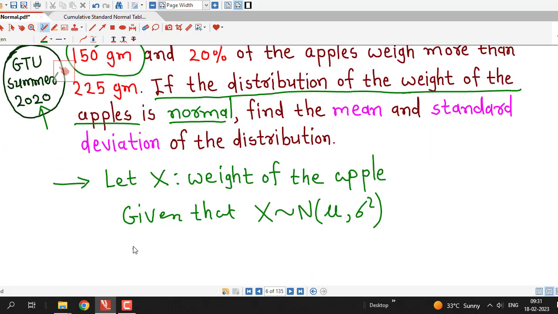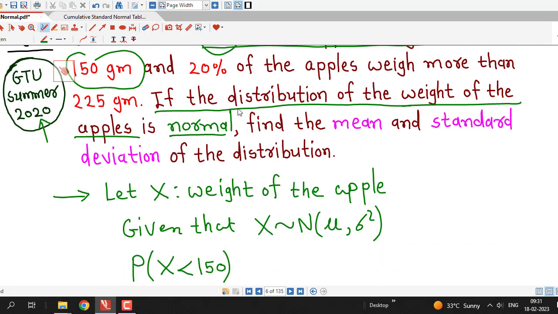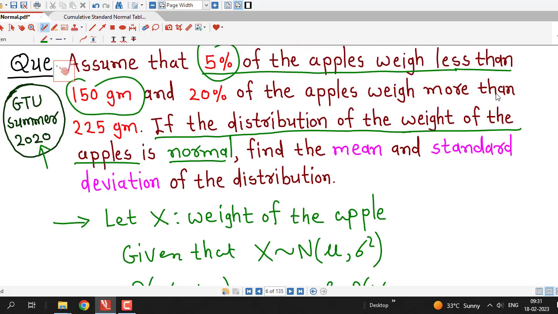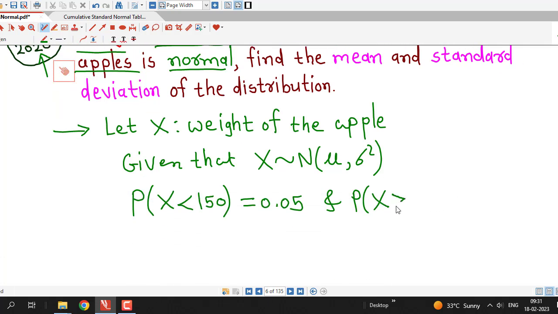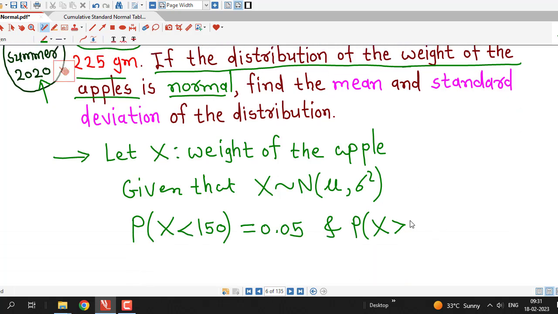So that means the probability that capital X is less than 150 gram is 0.05, and the probability that the weight of the apple is more than 225 gram is 20%, that is 0.20.